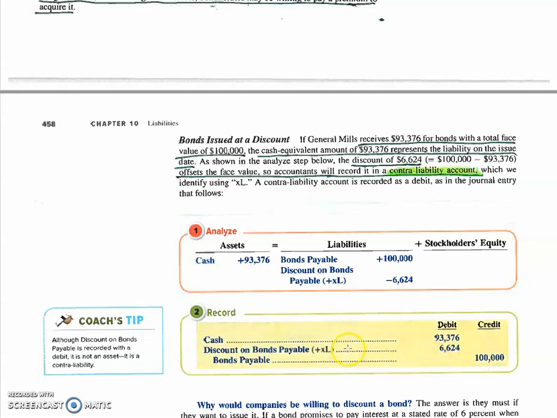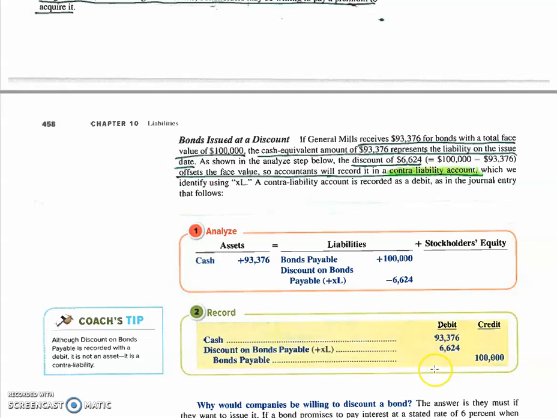So as we make interest payments, interest expense will actually be higher than the amount of cash we pay in interest. We're paying $3,000 interest each interest payment period, but interest expense is going to be the $3,000 cash paid plus a portion of this discount that's amortized in that period.